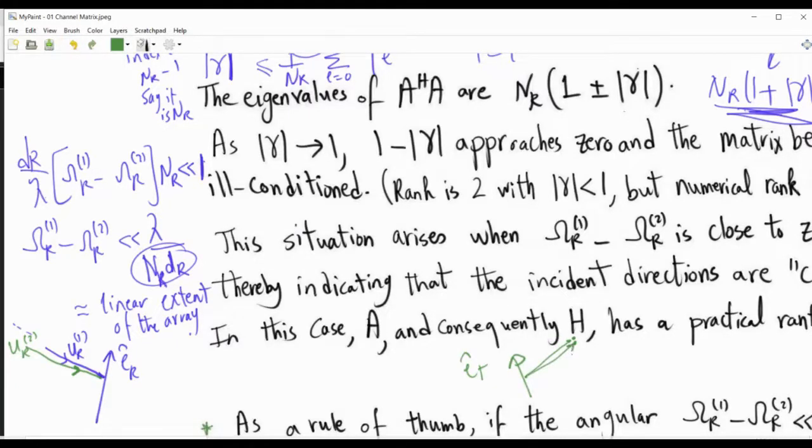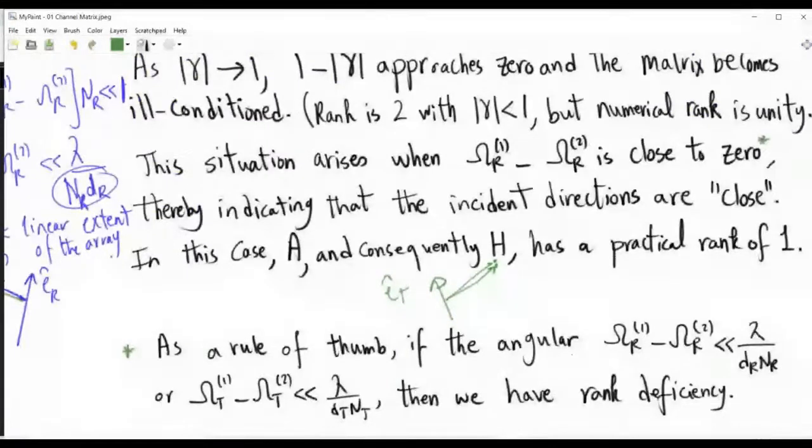In that case again matrix B will be practically rank deficient, and if the rank of B is 1, that's it for matrix H. A product of matrices is under the mercy of the smallest rank. So if you get a rank deficiency in any item in the product, then the product itself will have rank deficiency.